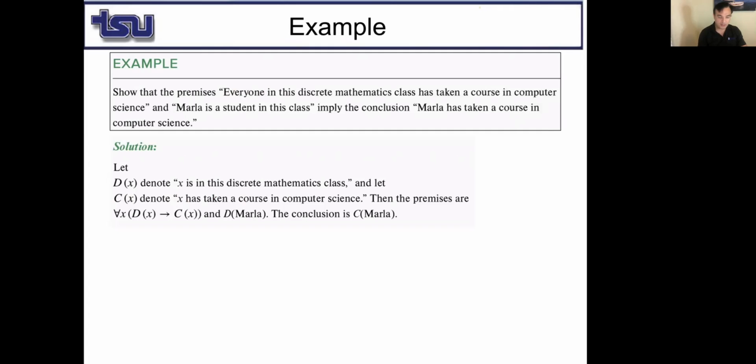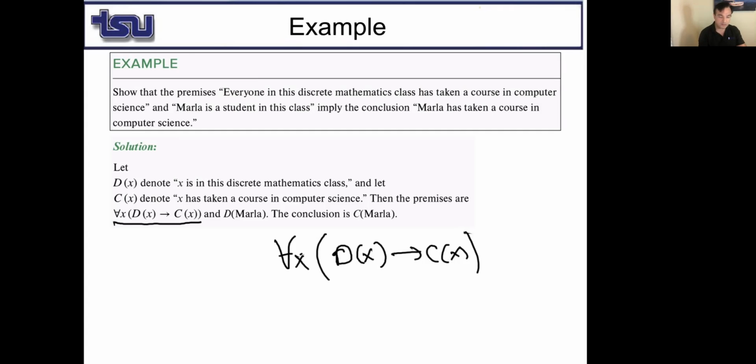So what is the first premise? Take a student x in the school. If that student is in this class, that implies that student has taken a computer science course. That means everybody in this class has taken a computer science course. That's the first premise.